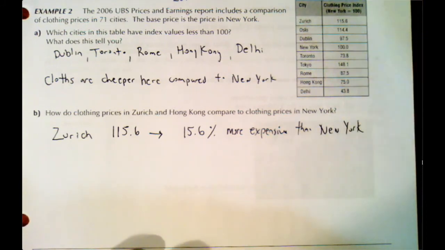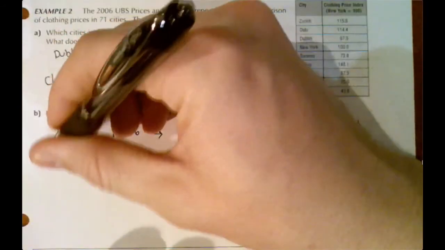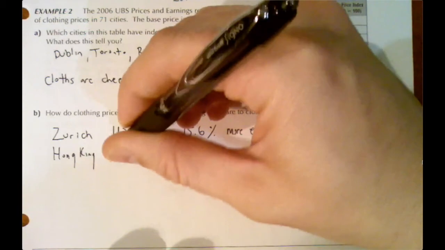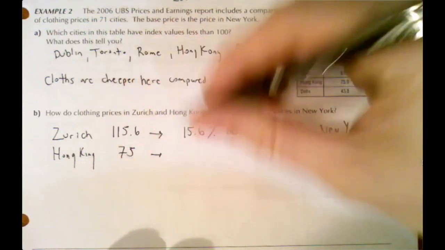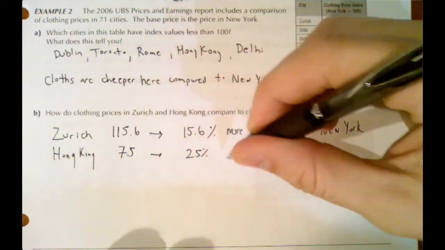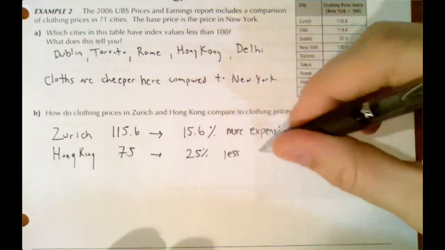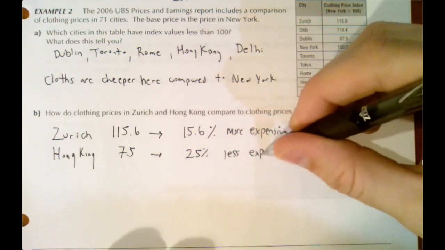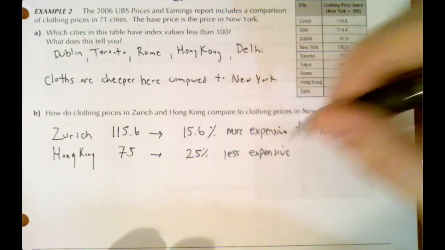All of our comparisons always back to the base. Hong Kong was 75, which is 25% less than 100. So it's 25% less expensive in Hong Kong than New York.